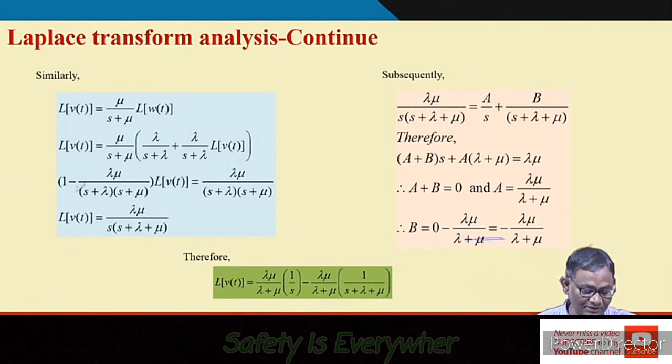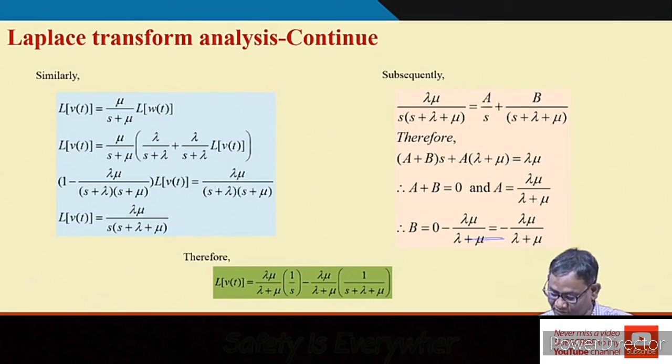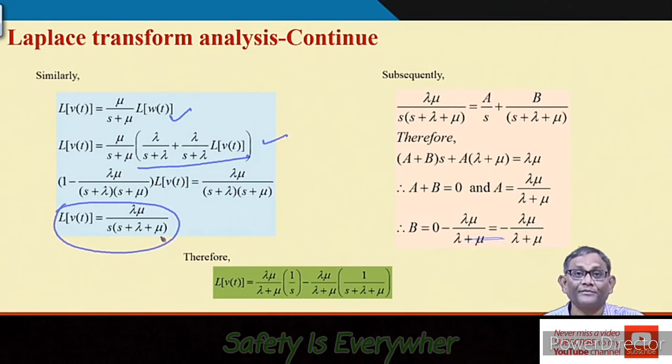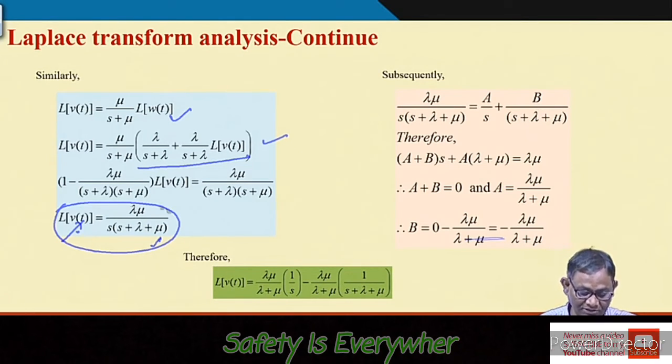Then L{V(t)}, similarly we put L{W(t)} here, then 1 minus this, and finally the L{V(t)} equation is this. Now the question is, we want to find V(t), so we want to take the inverse of it. This should be written in this form, where we want A and B, and this A and B are found out and then put here.